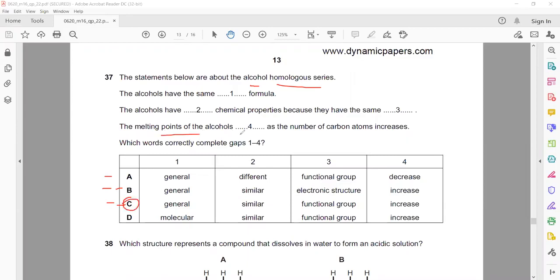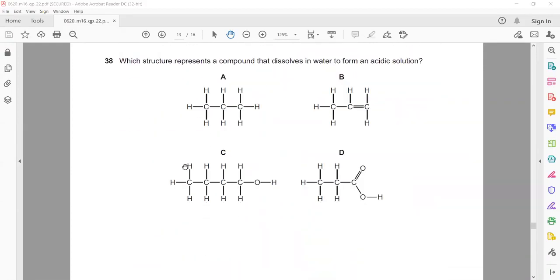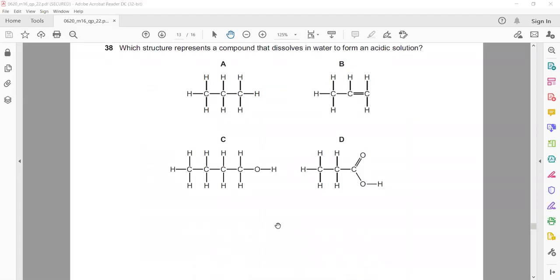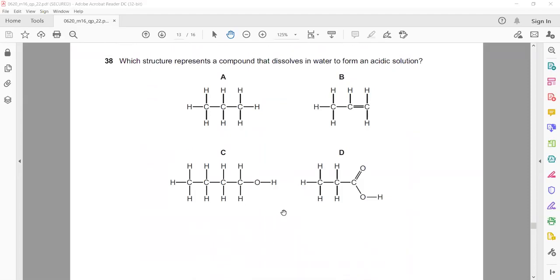The melting point of alcohol increases as the number of carbons increases. Question 38. Which structure represents a compound that dissolves in water to form an acidic solution?